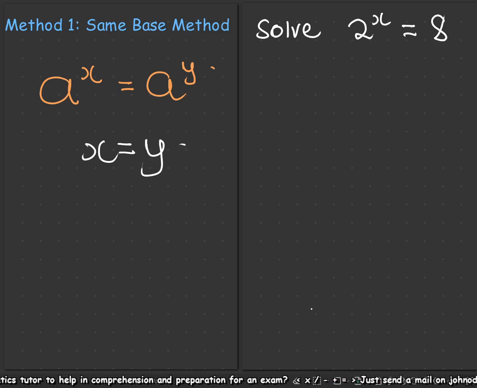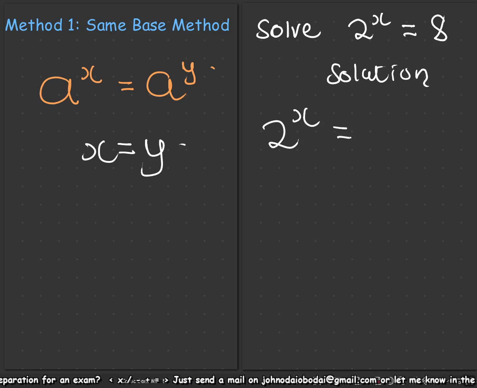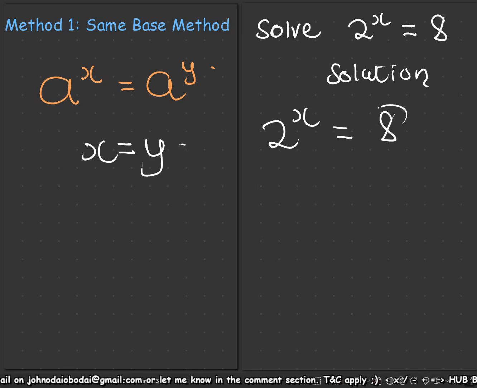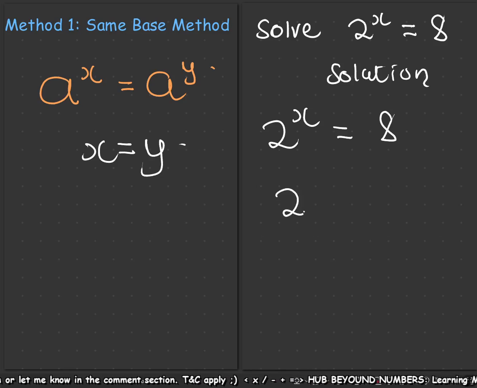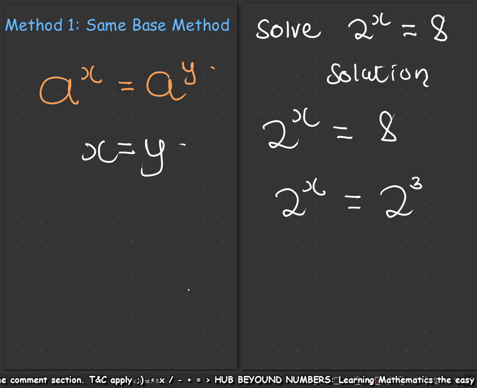As an example, we have 2 raised to the power x equal to 8. You know 8 can be written as 2 raised to the power 3. So the first thing we need to do is rewrite our 8 so that it has the same base as this, so that we have 2 to the power x equal to 2 to the power 3.